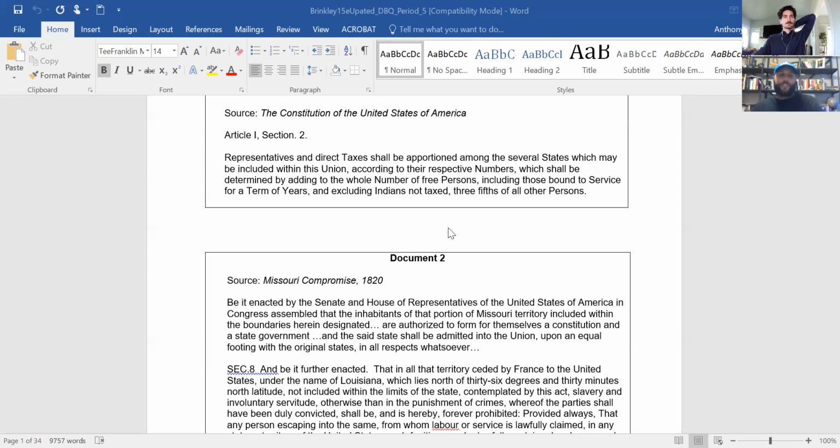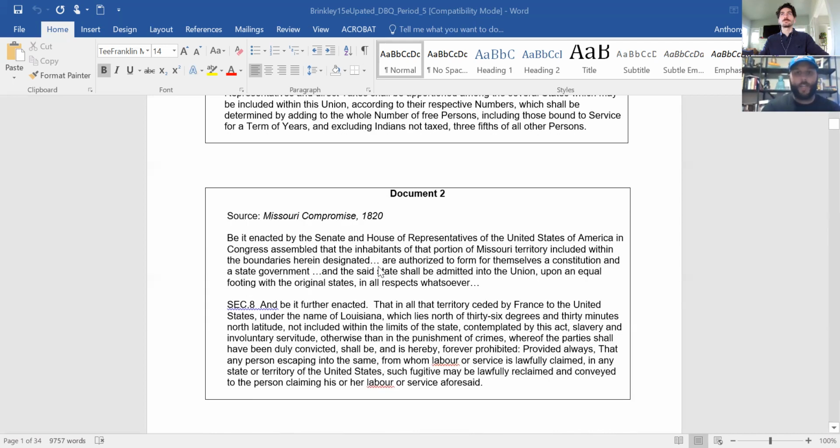The Constitution is obviously a lot more strict as opposed to the Missouri Compromise, but at the same time, the Missouri Compromise doesn't allow you to bring a state into the Union that's in the North as a slave state. So there's a certain amount of legally binding content in this, but it's not to the degree of document 1.